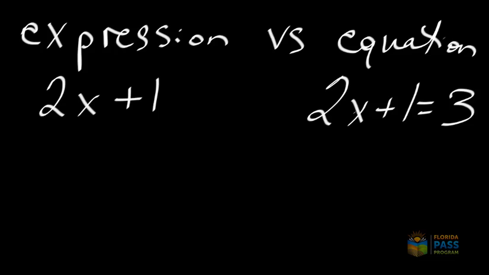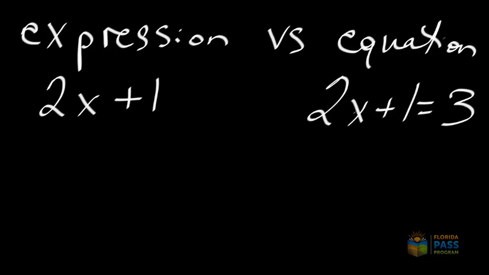All right, let's try example number 1. Is x equals 4 a solution of the problem 3x minus 1 equals 8? Well, we've done problems similar to this before. What we're going to do is plug in 4 for the x.